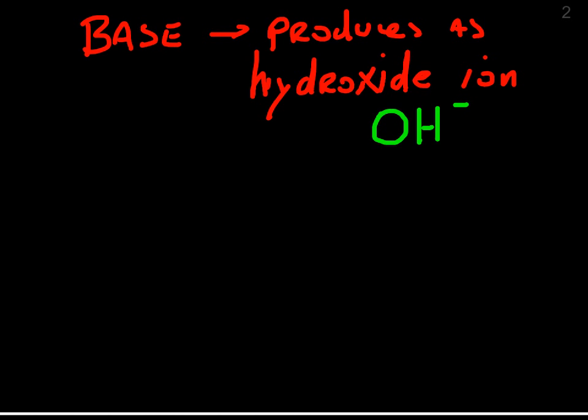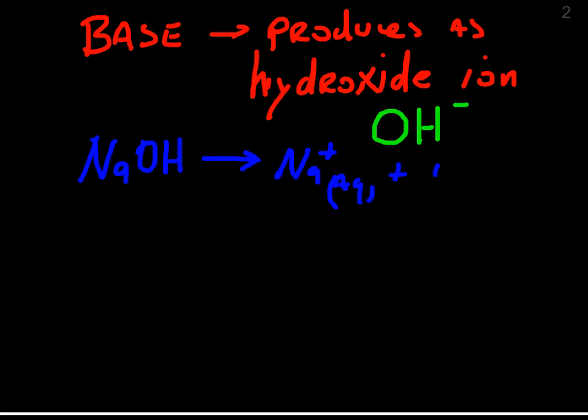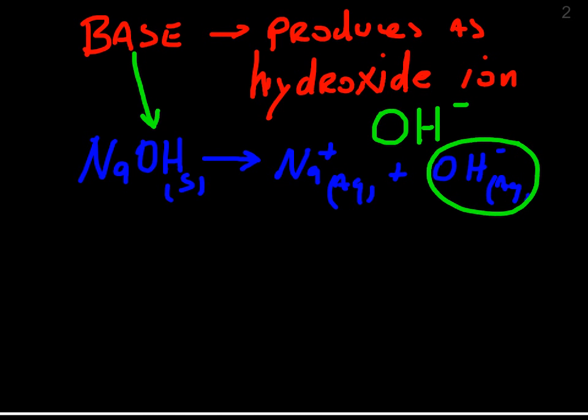So if I take something like sodium hydroxide, which we've used a ton of in this class, it's an Arrhenius base. When it goes into solution, I get a sodium ion that is now dissolved, aqueous, plus a hydroxide ion, which is aqueous, and this is the solid, and because it produces that hydroxide ion, it would be considered a base. And so bases, Arrhenius bases, are always going to have that OH tagged onto them.